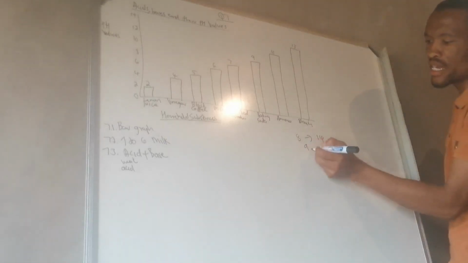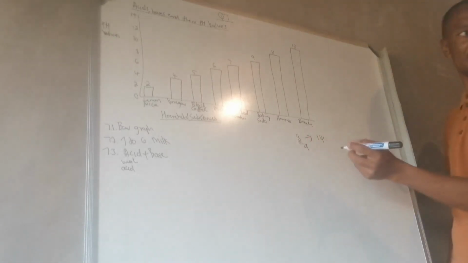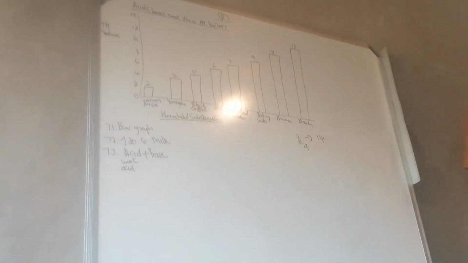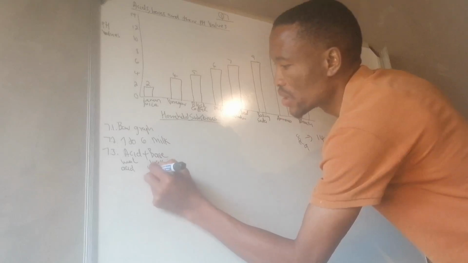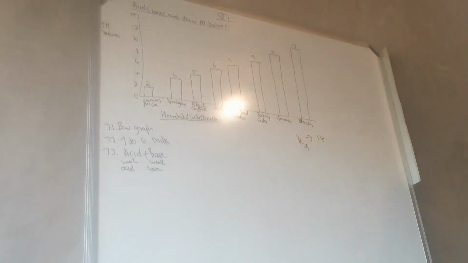And the 9 is very close to 8. So it's also a weak base. So we mix a weak acid with a weak base. What do you think? Predict what will happen?